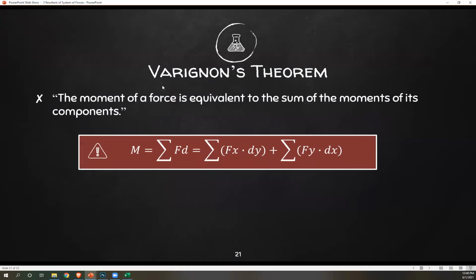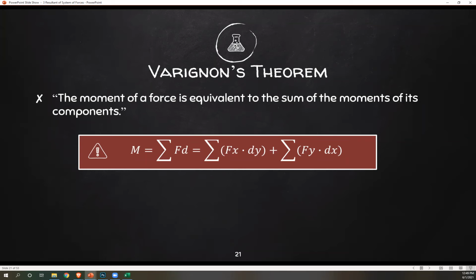Next, we have what we call Varignon's theorem. The moment of a force is equivalent to the sum of the moments of its components. We use Varignon's theorem if it's hard to compute the perpendicular distance. So instead, we divide the force into its components and take the perpendicular distance of each component. The equation here is M equals summation of force times distance.